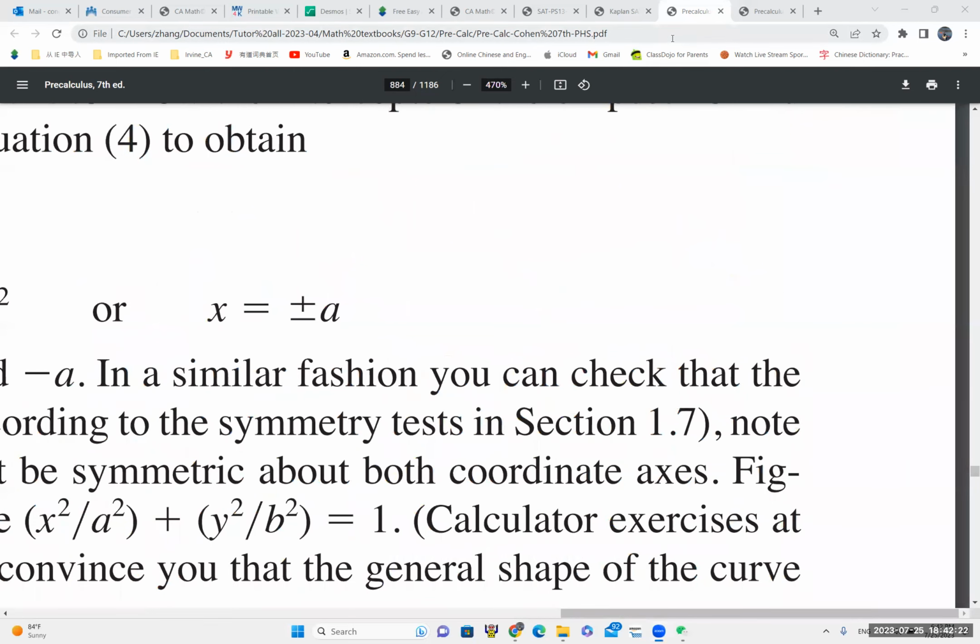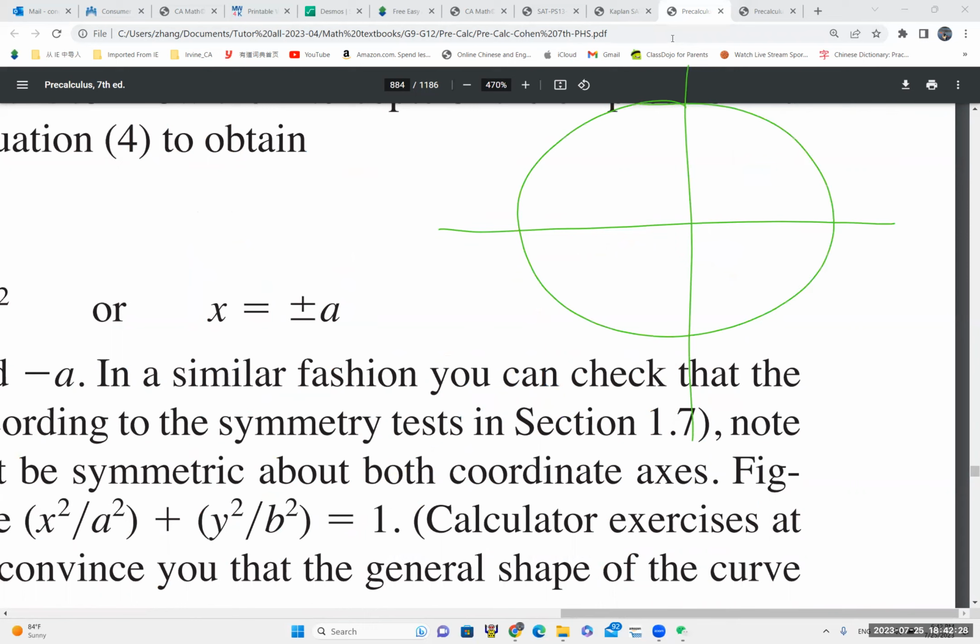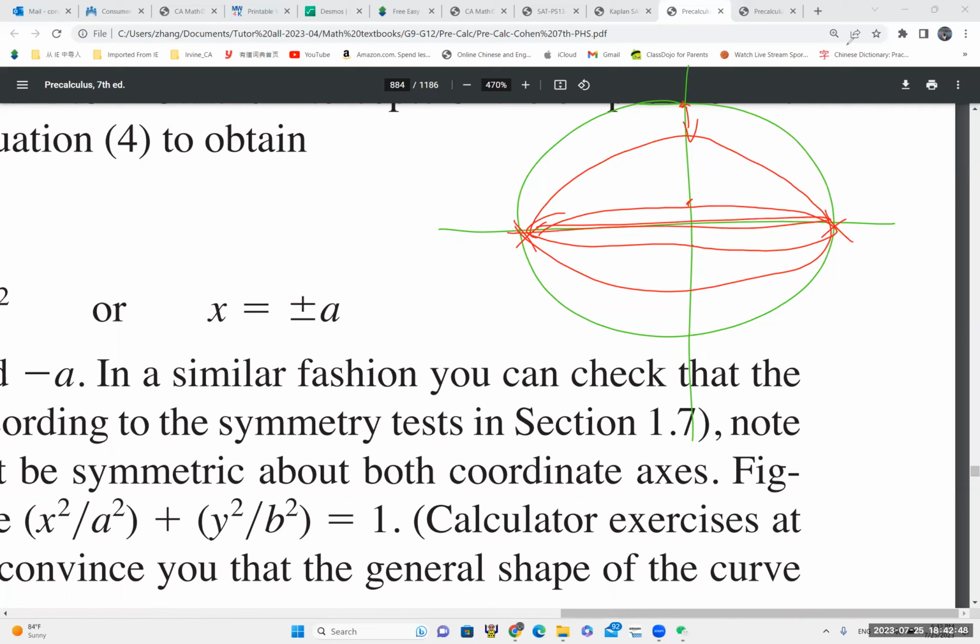So this is a circle. If we fix these 2 points but shrink the shape, when it goes to here, it's like this. If we keep going, it goes to here, then it's like this. If we keep going, it just goes to a line.